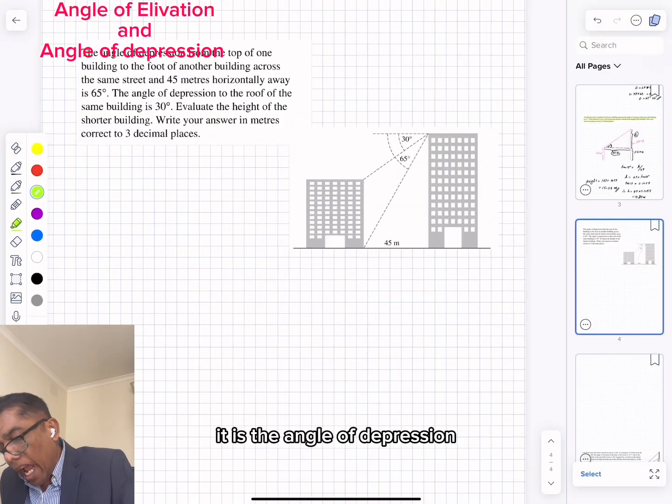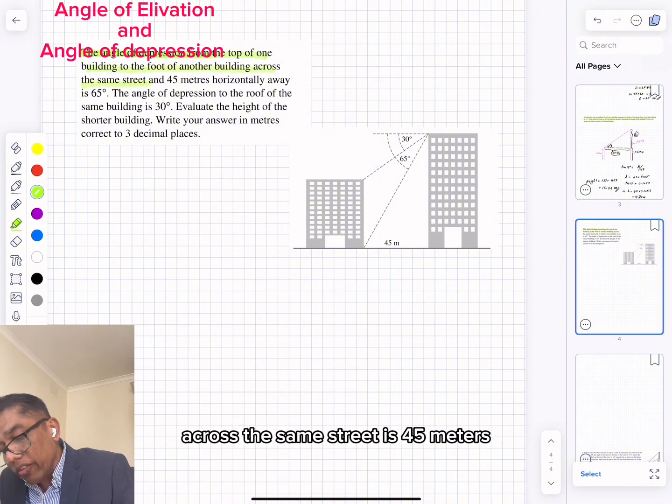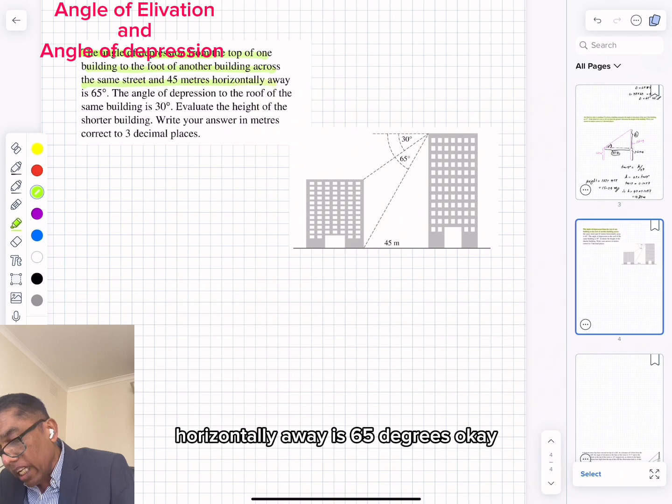It is the angle of depression. The angle of elevation from the top of one building to the foot of another building across the same street, 45 meters horizontally away, is 65 degrees.